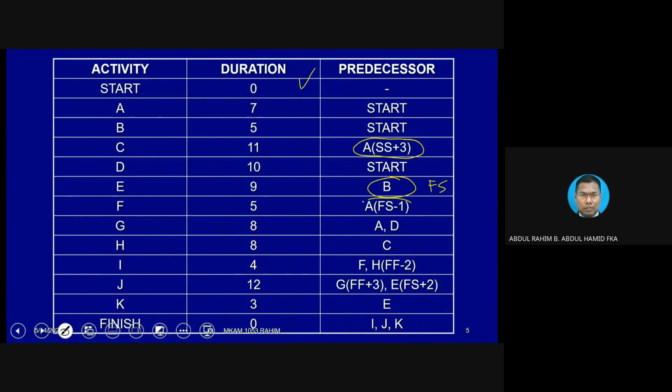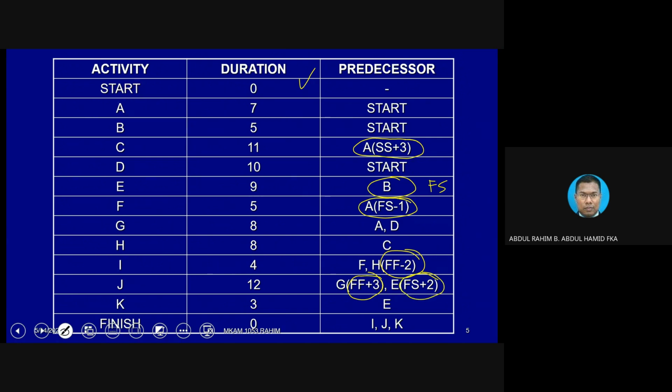For instance here, FS minus 1. This is also FS, but it has a lag of negative 1. Then, for example, finish to finish minus 2, and this one is finish to finish plus 3. This one is finish to start, but plus 2.